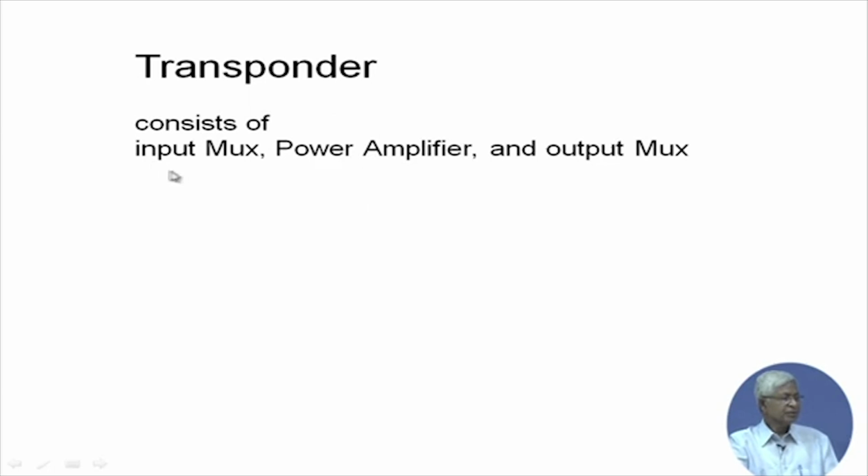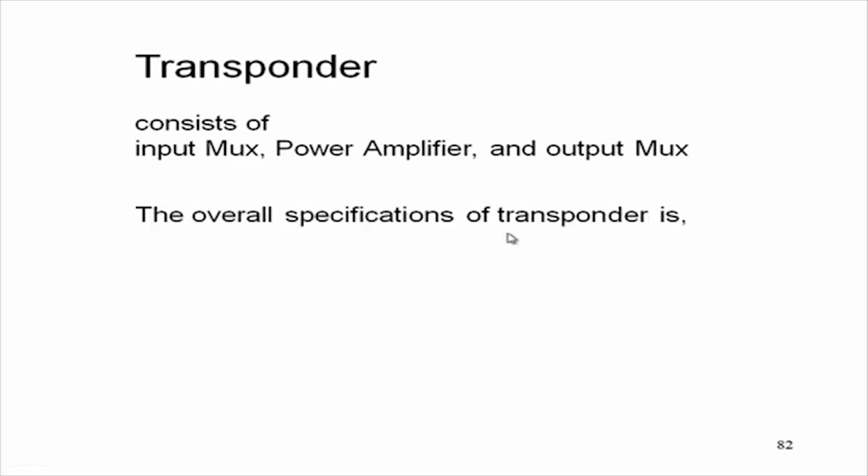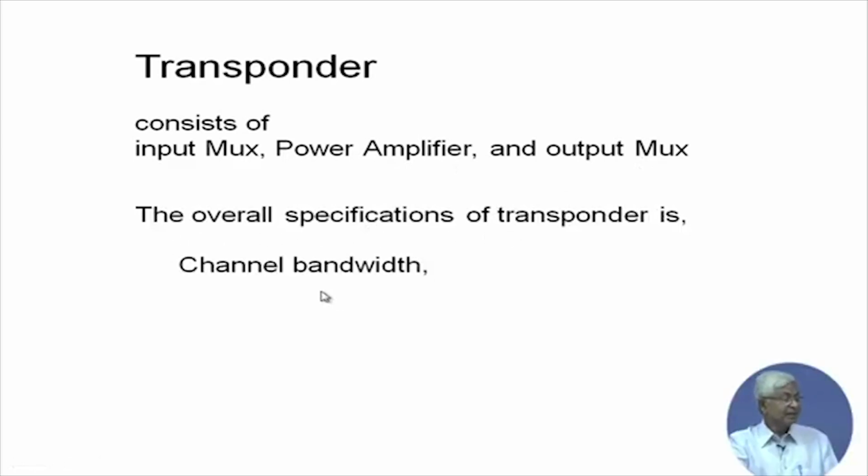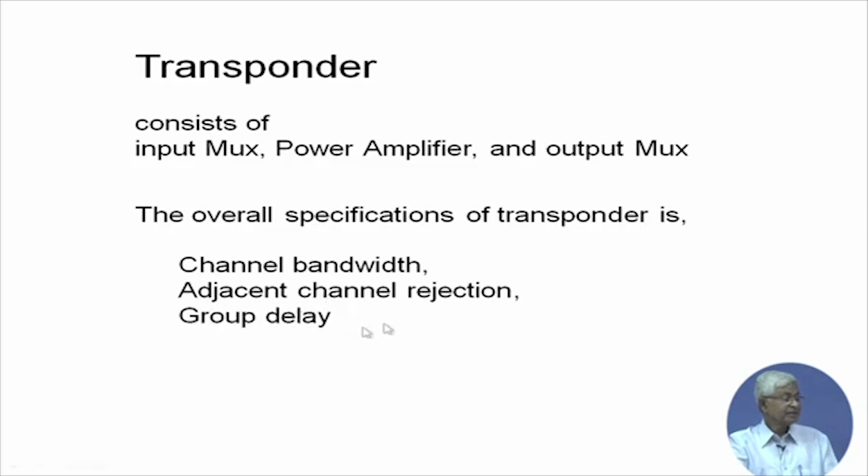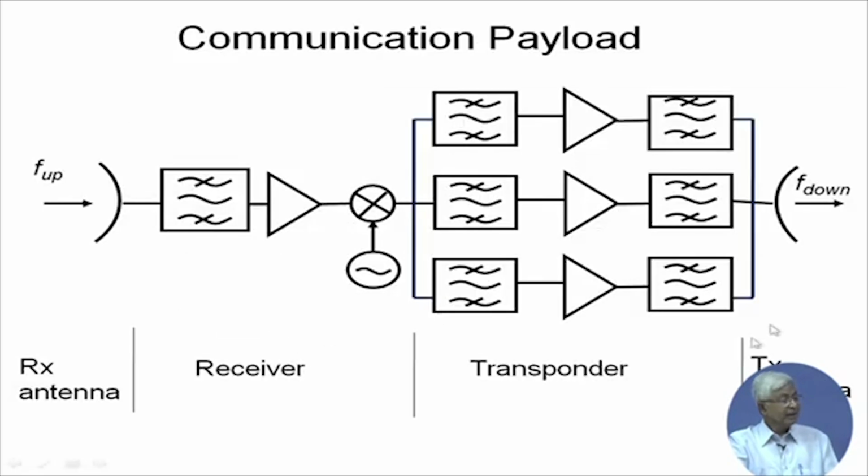So, a transponder consists of the input mux, the power amplifier and the output mux, and the overall specifications of the transponder are channel bandwidth, adjacent channel rejection, and group delay. I can draw the picture now. This is the uplink frequency coming into the receive antenna, and the receiver is nothing but the input filter, then a low noise amplifier and then a down converter.